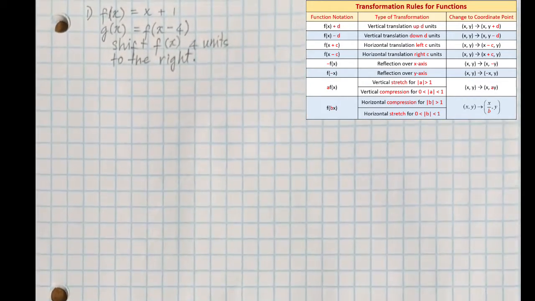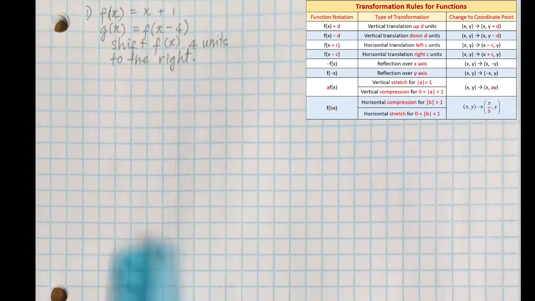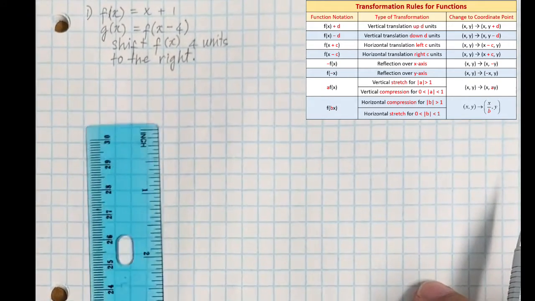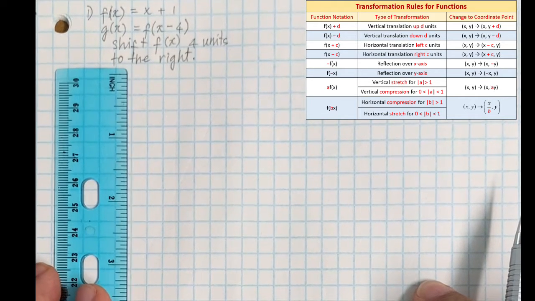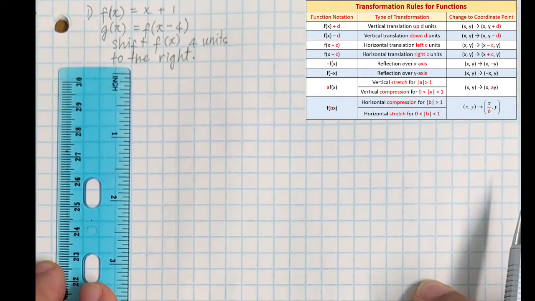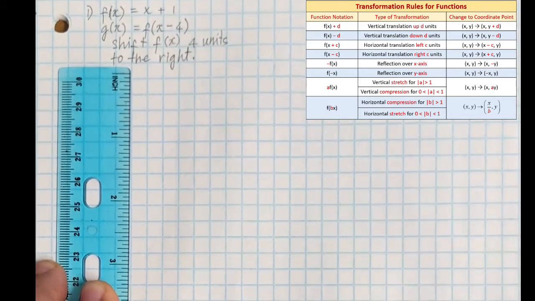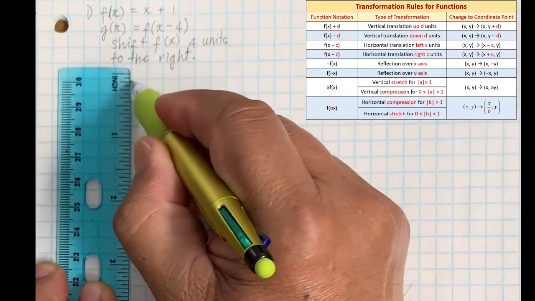All right, so here goes. First, we need to graph f of x, and then shift it to the right 4 units. That will be the answer.